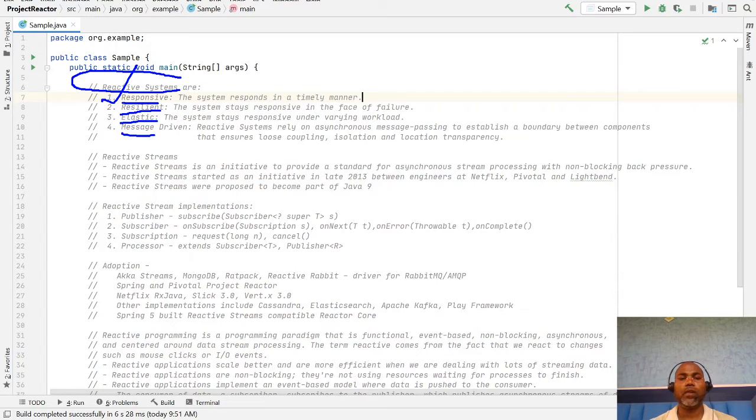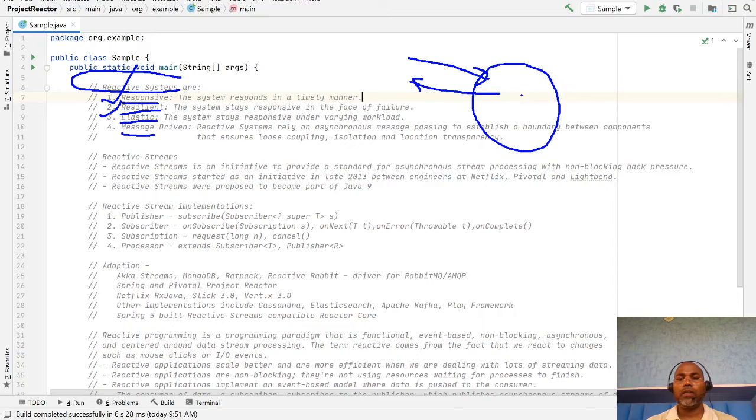Responsive means that if requests come to your system, within the defined time frame they produce a response as per the expected SLA. The system should respond in a timely manner. That is responsiveness. Second feature is resilience.